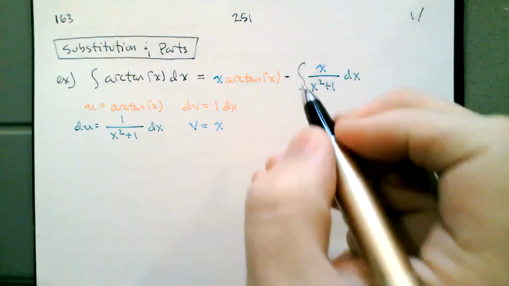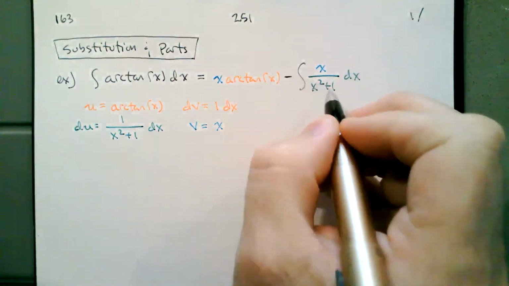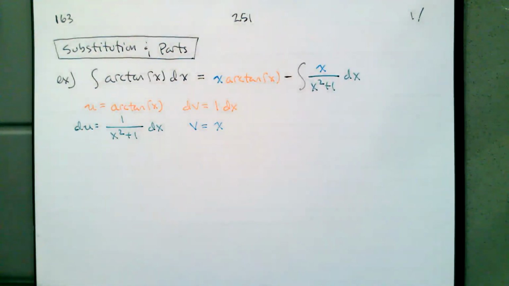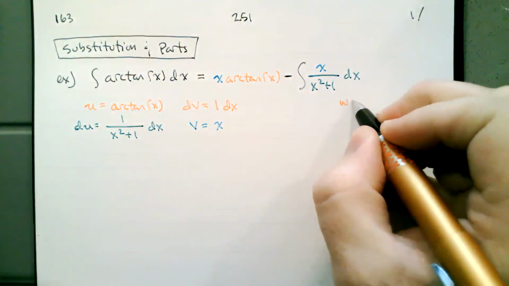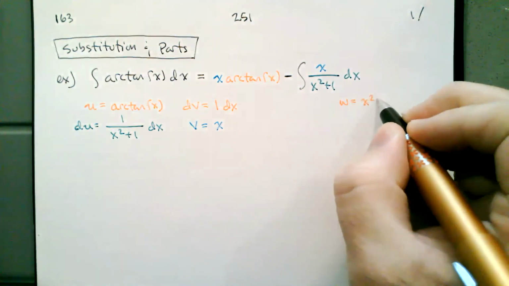After we put everything into the parts formula, the next step is to do our secondary integral. And in this case, we see an x squared in the denominator and an x in the numerator. So this suggests that we're going to be doing a substitution where w is x squared plus 1.